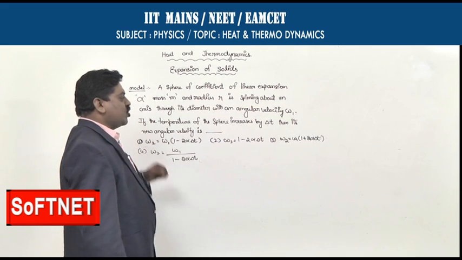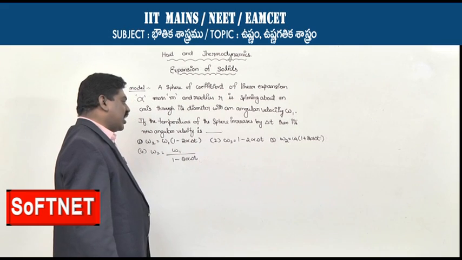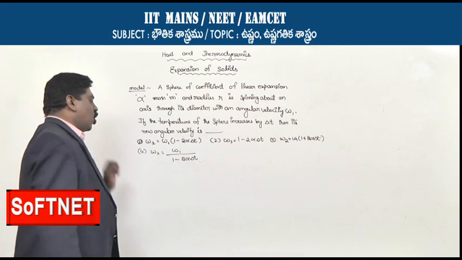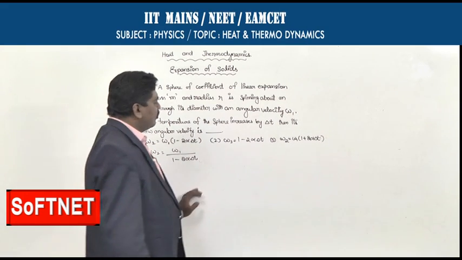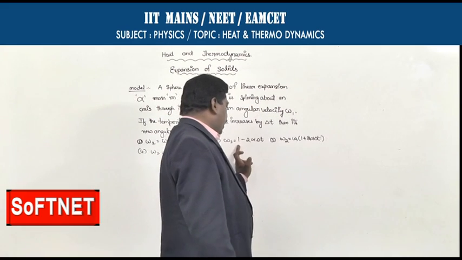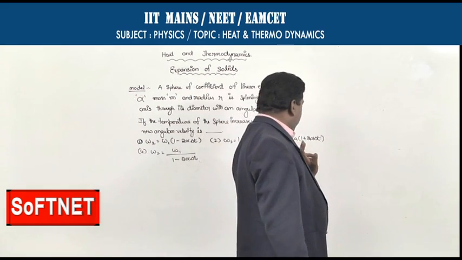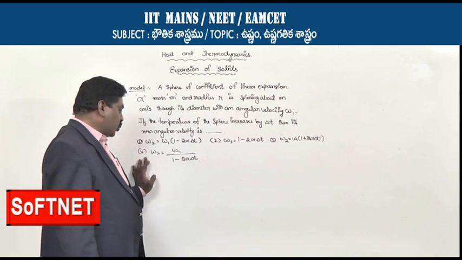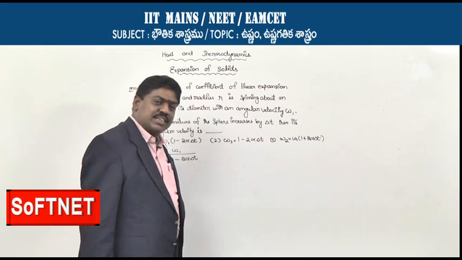If the temperature of the sphere increases by delta t, then its new angular velocity is, the options given are: omega 2 equals omega 1 into (1 minus 2 alpha delta t), omega 2 equals omega 1 into (1 plus 2 alpha delta t), and the last one is omega 2 equals omega 1 by (1 minus 2 alpha delta t).